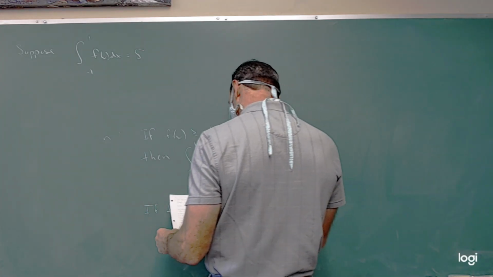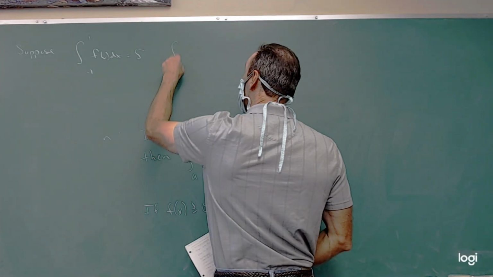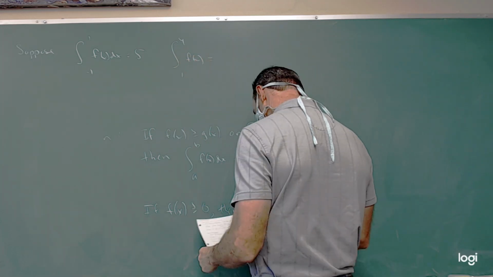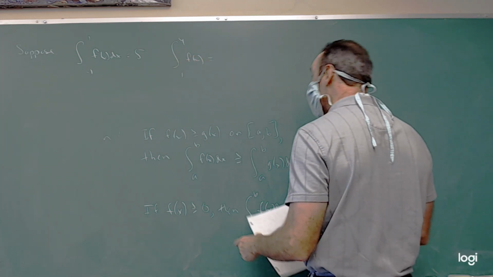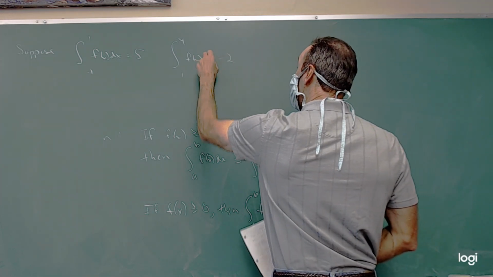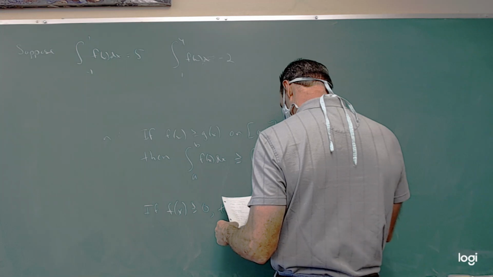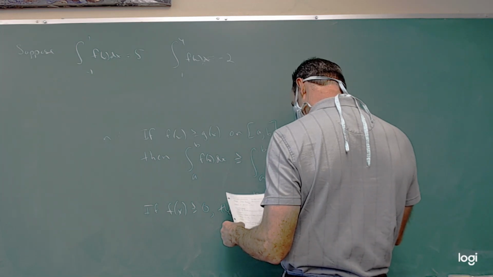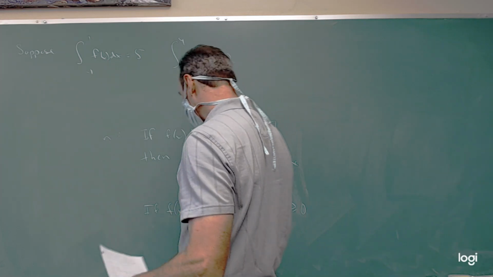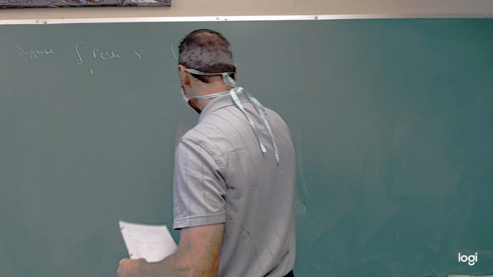The integral from 1 to 4 of f of x is -2. And we can ask a few questions about that.